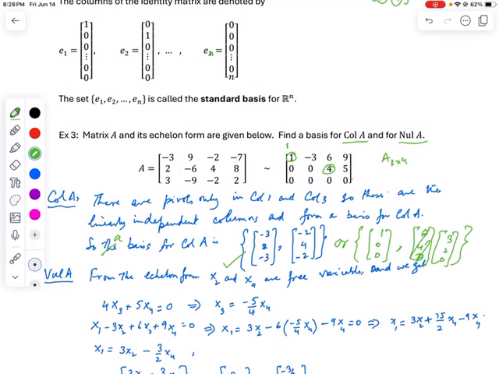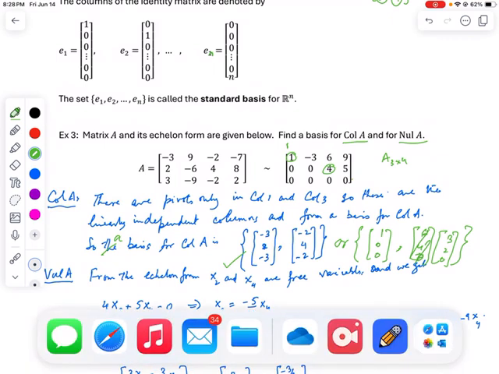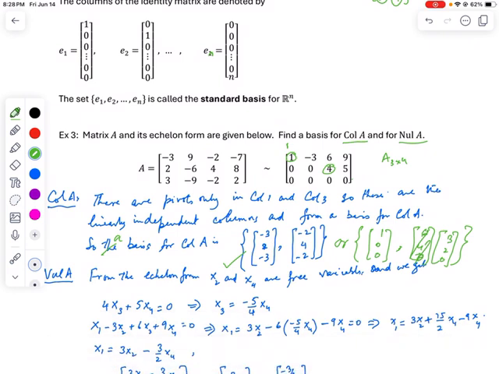So what about the null space of A? For that, you have to actually write down the solution, the X vector, with all the variables. Here, because there are 4 columns, there are 4 variables: X1, X2, X3, X4.